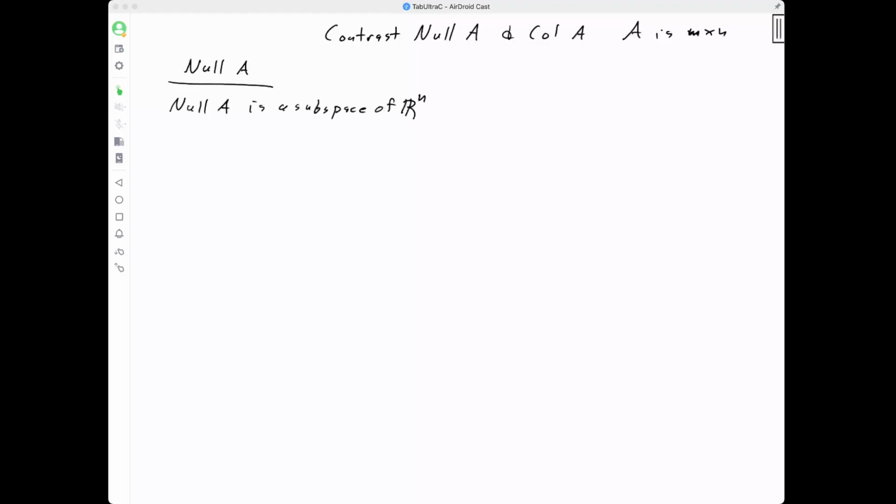So R3 would be vectors like 1, 3, 2, or 1, 7, 8, or anything with x, y, z, three entries in it. R2 would be if we only used 2.